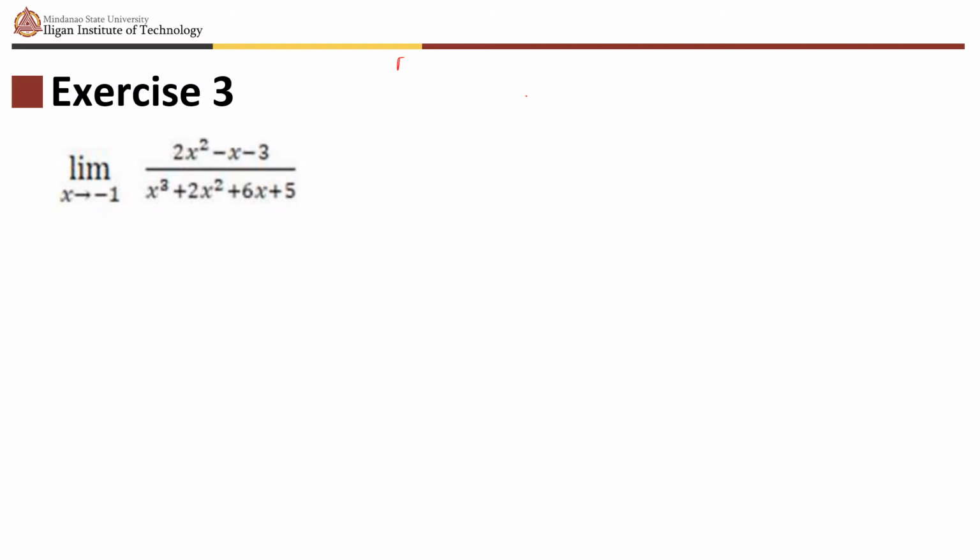So we write 2x squared minus x minus 3 all over x cubed plus 2x squared plus 6x plus 5.